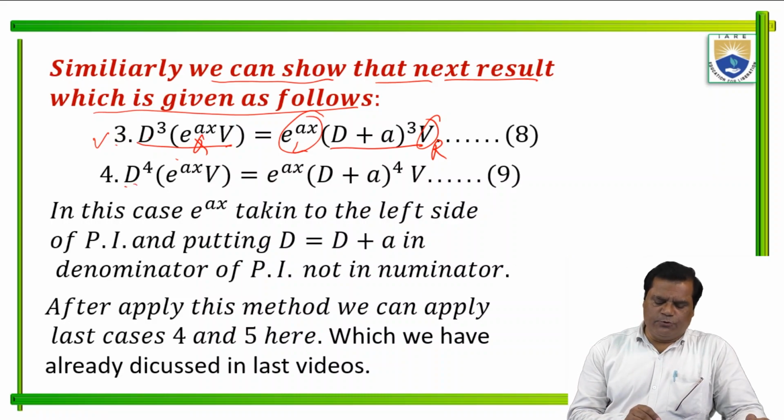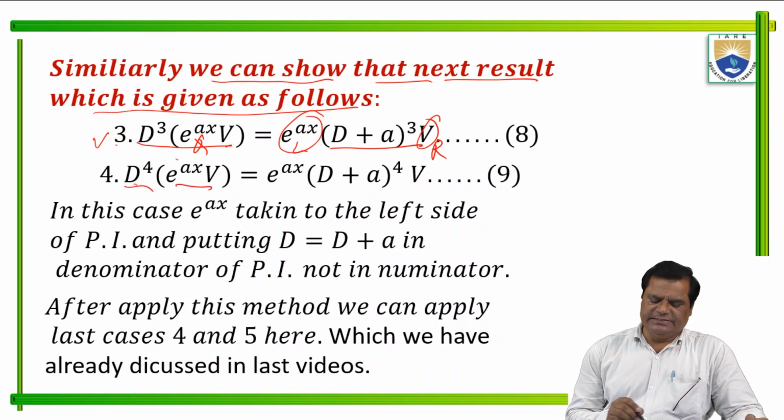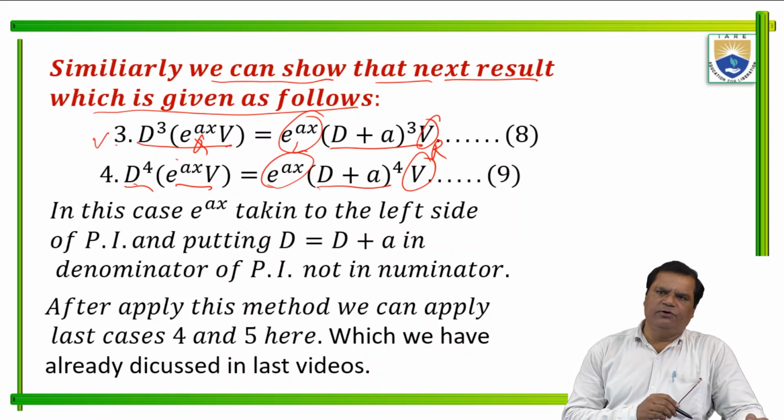If we differentiate Q four times, then the same procedure applies here: e to the power ax taking left side, V taking right side, and (D plus a) to the power 4. So in this case, we find the result finally.